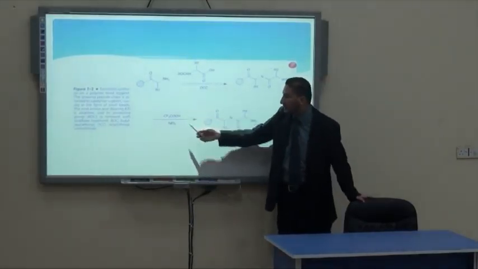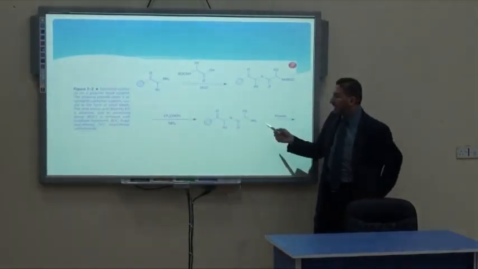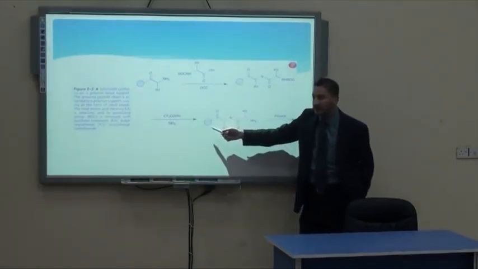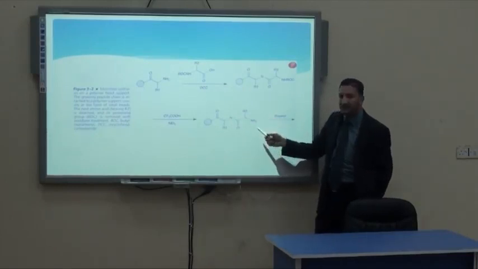This produces a dipeptide protected at the carboxyl by the small bead support and free at the amine.